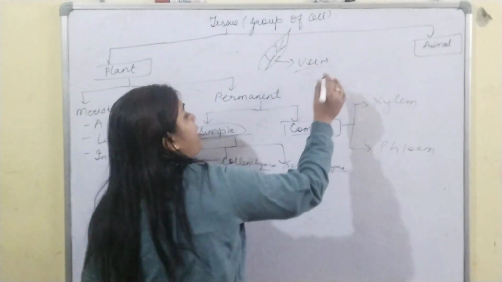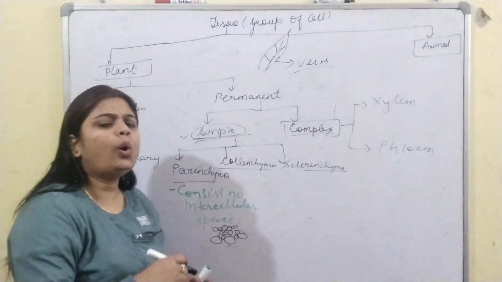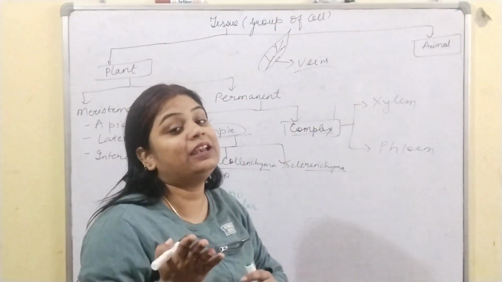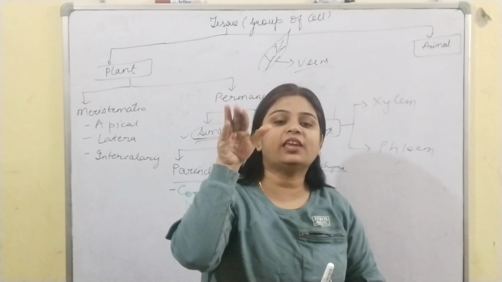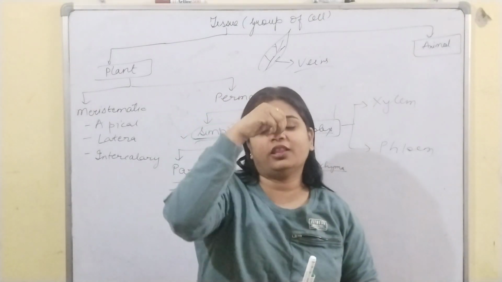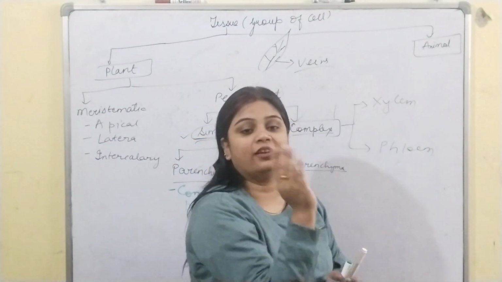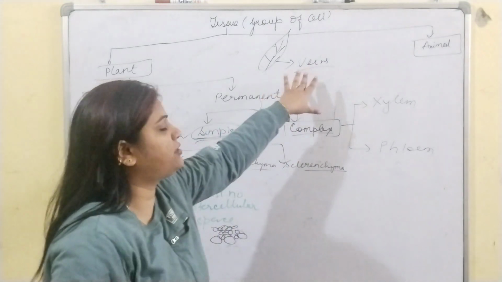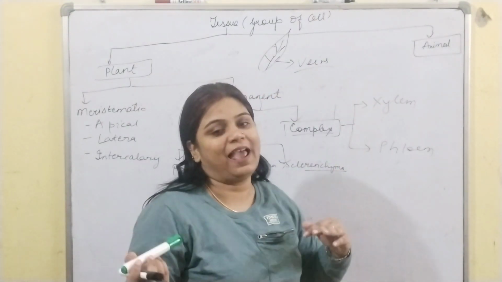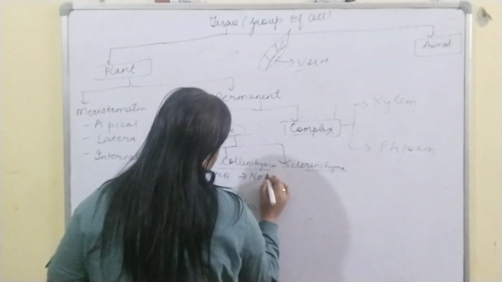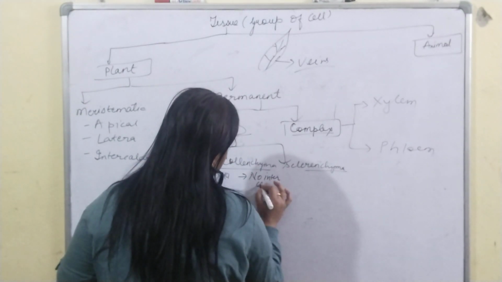It provides a little bit of stiffness to the leaf so that it withstands. Leaves are not in a wilted position; they always remain upright. So this is the collenchyma tissue which helps the veins to withstand, and there is no intercellular space.